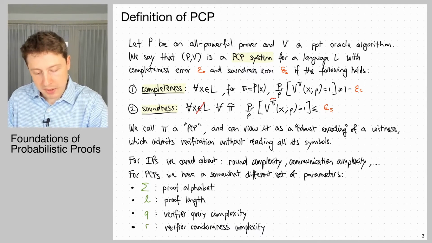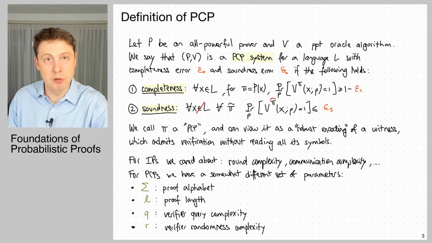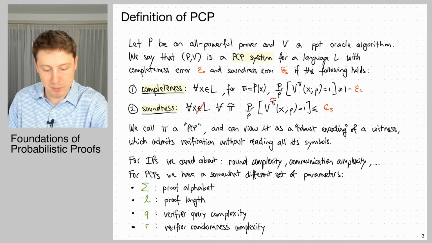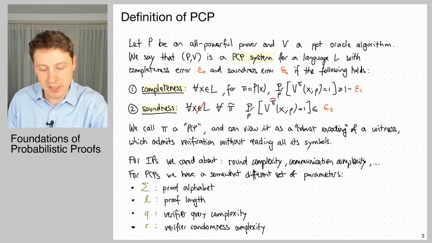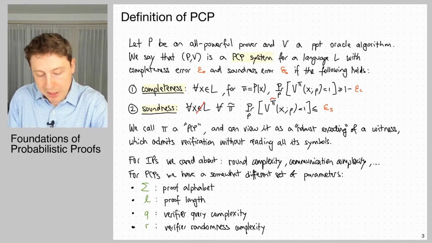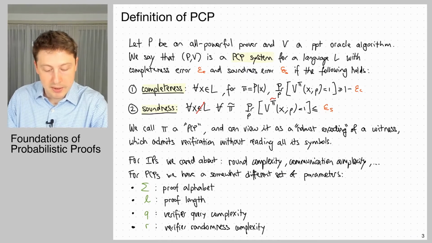For PCPs, the primary efficiency measures we'll pay attention to, these are not the only ones, but the primary ones, are the symbols over which the proof is defined. This is the proof alphabet, and the proof length, which is how many symbols are in the proof. Typically, of course, the proof alphabet might be the binary alphabet, but not always. Then the number of queries, of course, we want q to be much smaller than L.